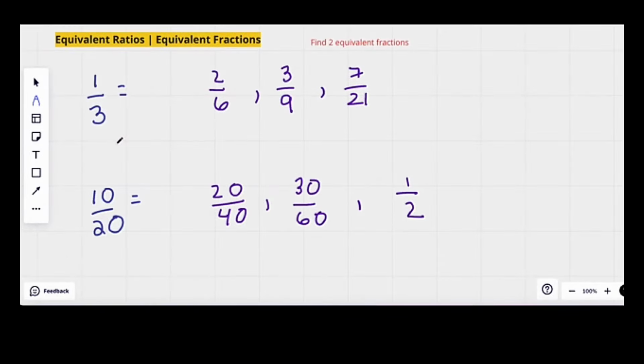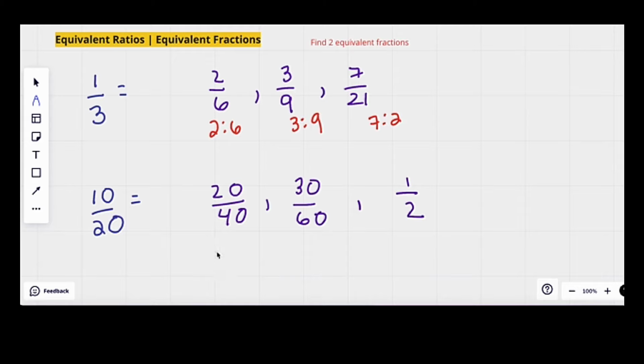Remember that equivalent fractions can also be expressed as ratios. For example, 2 over 6 can be expressed as 2 to 6. 3 over 9 can be expressed as 3 to 9. 7 over 21 can be expressed as 7 to 21.